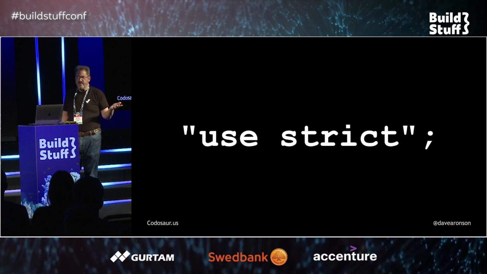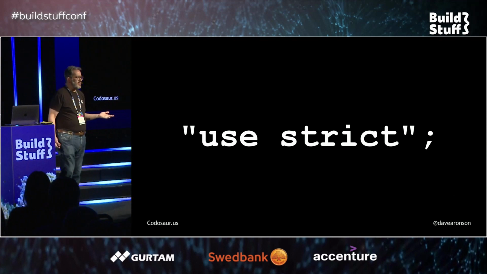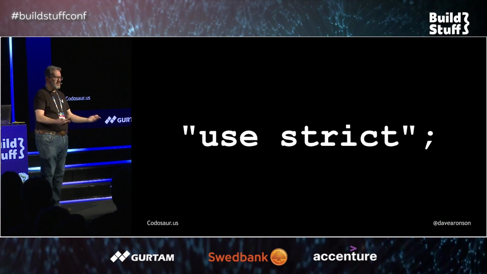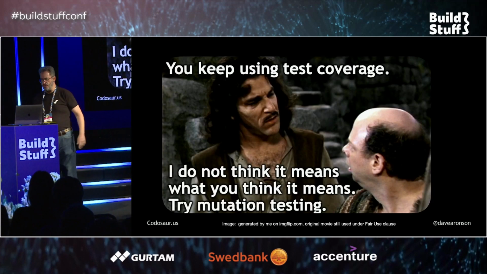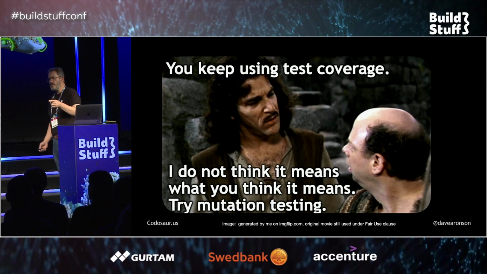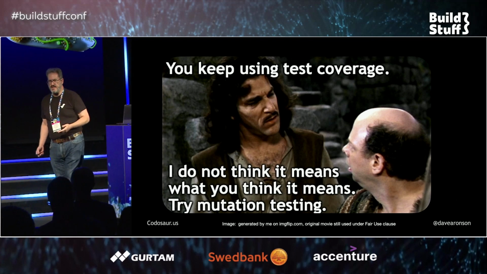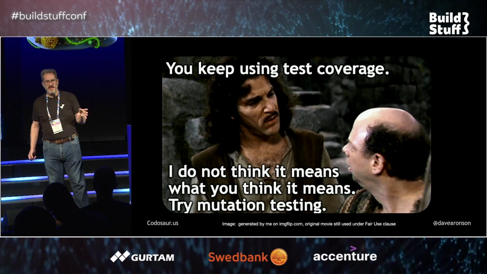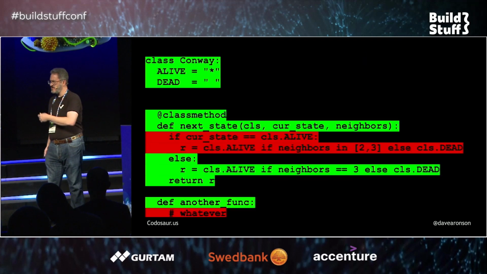Now you might be thinking, isn't that what test coverage is for? If we have 100% coverage, doesn't that mean that our code is fully tested? No. The only thing that test coverage tells us is that at least one test ran the code that it claims is covered, what usually shows up in green.